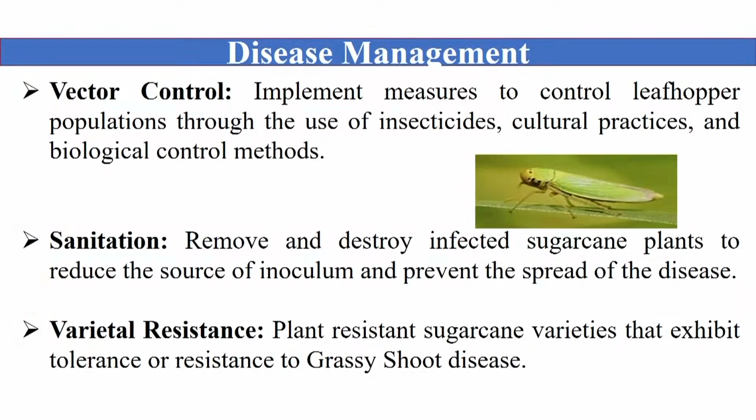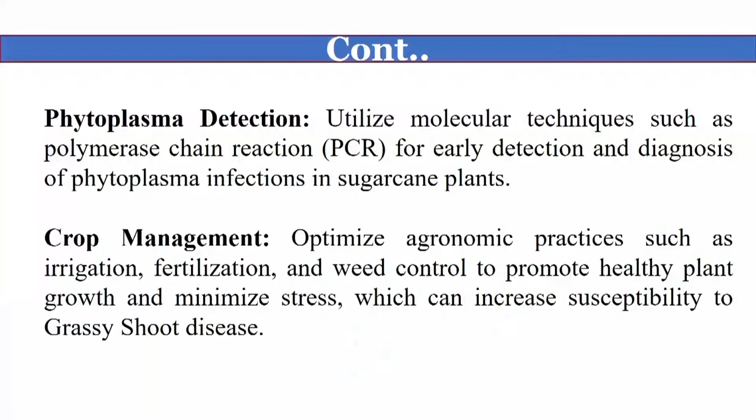And varietal resistance: there are many varieties with plant resistance, so it will be helpful to provide some tolerance against the grassy shoot disease. Dear learners, you can also utilize molecular detection techniques such as polymerase chain reaction, PCR, for early detection and diagnosis of phytoplasma infection in sugarcane plants.